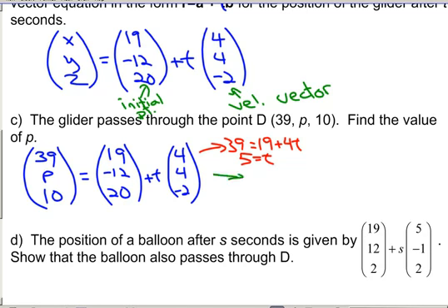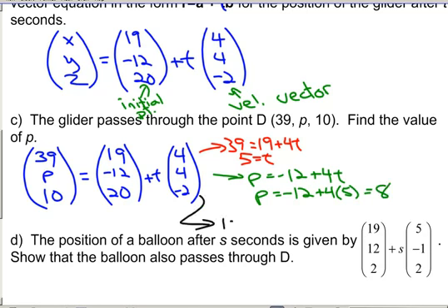The middle line, p equals negative 12 plus 4t. Oh, but we know that t now is 5. So p should be negative 12 plus 20, or 8. Again, you could have started with the last line and had 10 equals 20 minus 2t.